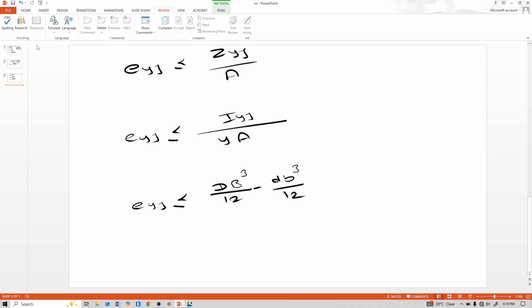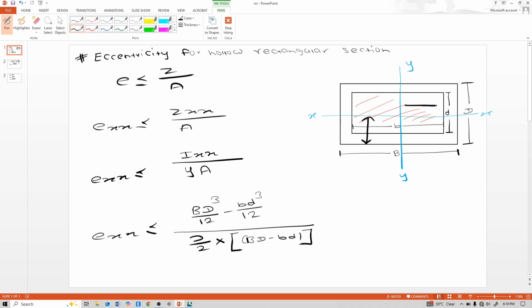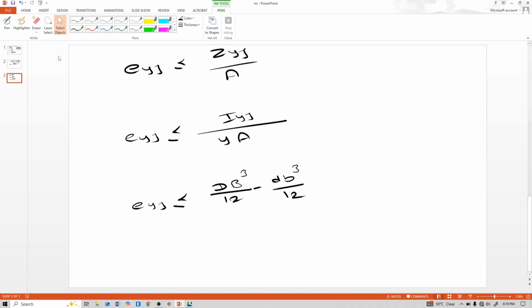And y is the distance from the yy axis to the outer fiber, that means capital B by 2. Into the area, which is DB minus small d small b.